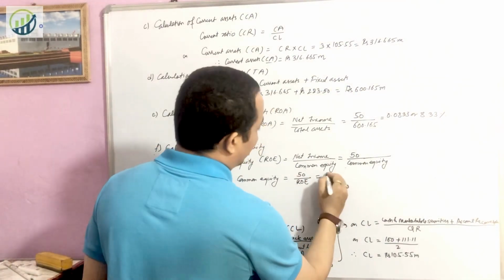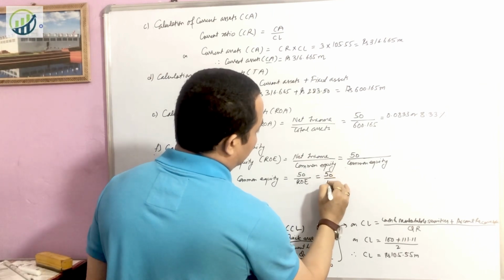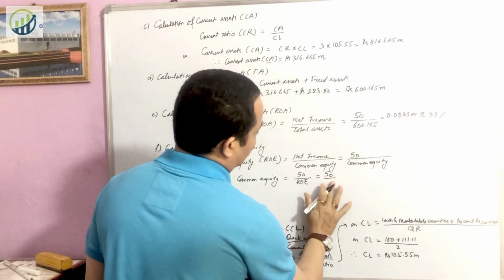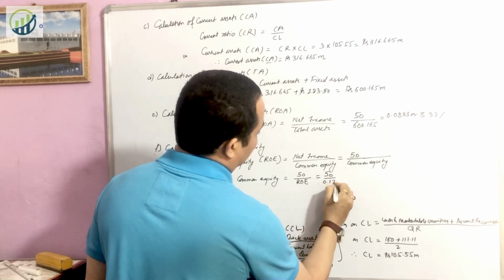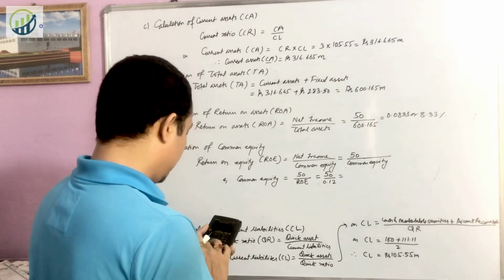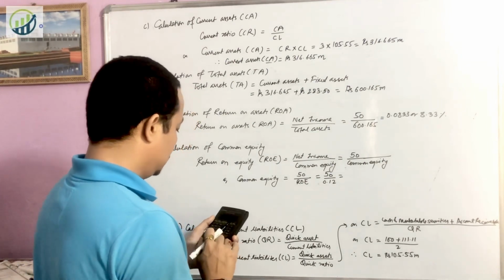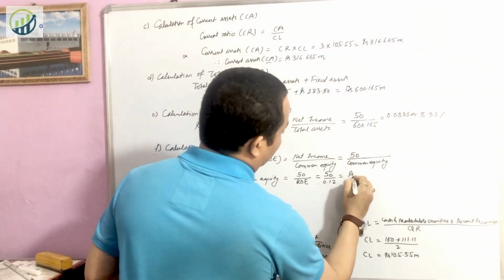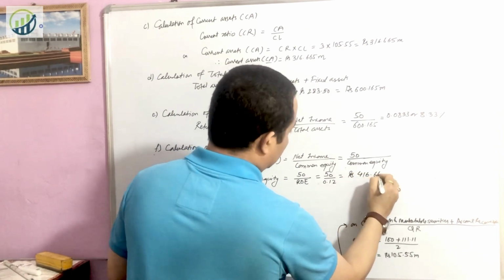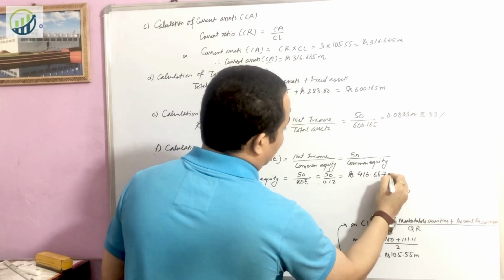So now 50 divided by 0.12. 12% you have to write in decimal. That is 50 divided by 0.12, that is rupees 416.667 million.